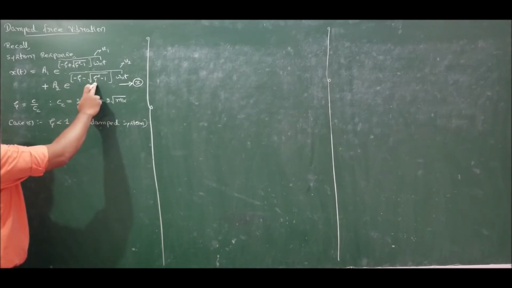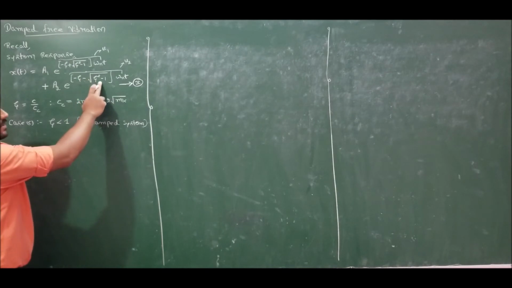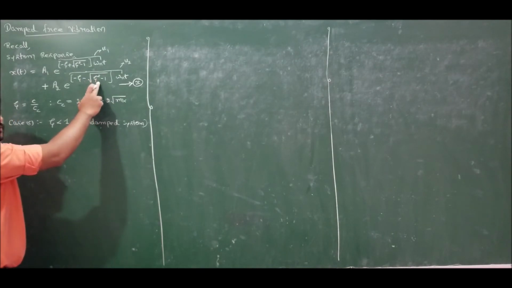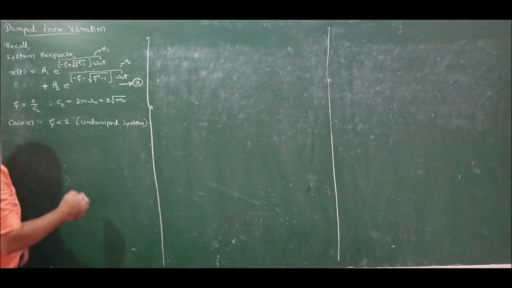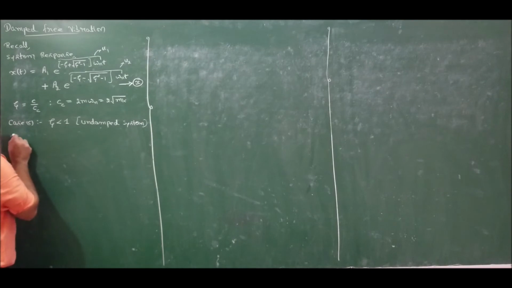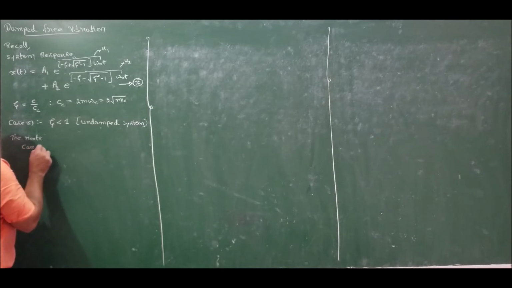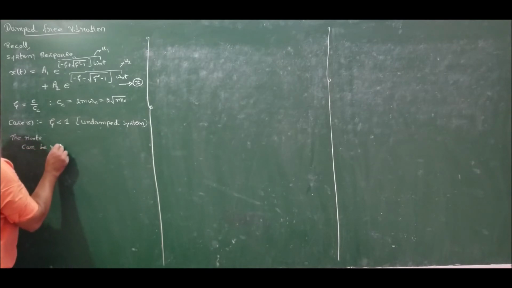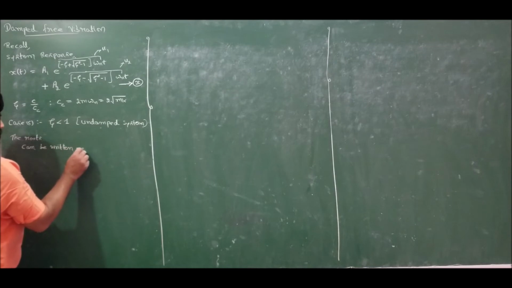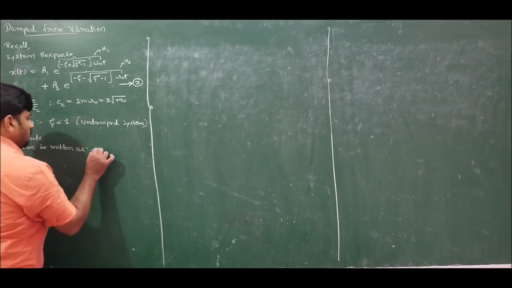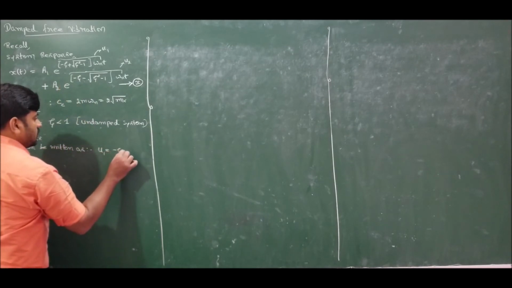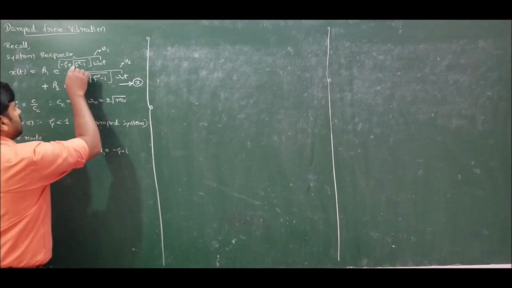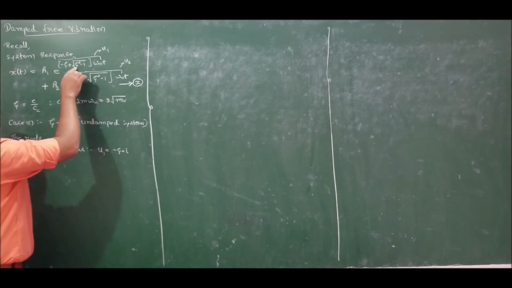If this value becomes less than 1, then I will get the root of a negative term. What is the root of a negative? The root of a negative is imaginary. So therefore, alter these two roots accordingly. Hence the roots can be written as: u1 can be written as minus zeta plus, I will take root of minus 1 common.